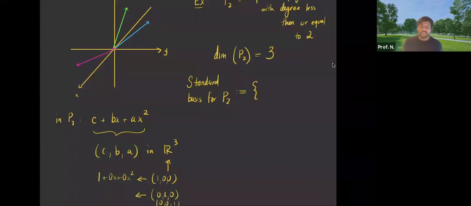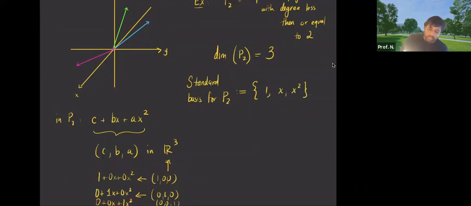And what does 0, 1, 0 correspond with from R3 to P2? It would be something that looks like 0 plus 1x plus 0x squared. And then what does 0, 0, 1 become? 0 plus 0x plus 1x squared. So the standard basis elements in R3 would lead you to believe that the standard basis elements in P2 would be 1, x, and x squared.